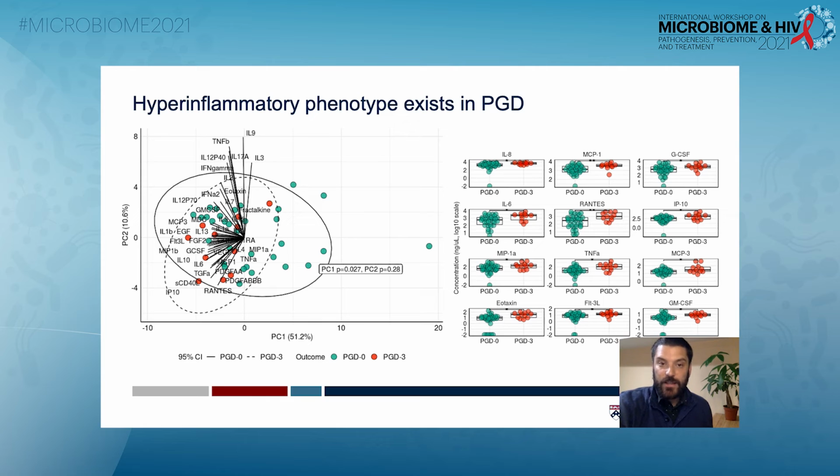And on the right, these are 12 cytokines out of the 41 that were independently associated with PGD3. And you can see they're kind of broad, differing functions, but sort of all associated with PGD, and all higher levels of these cytokines were associated with PGD.